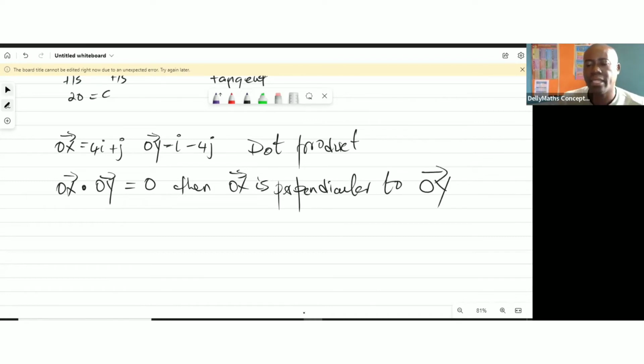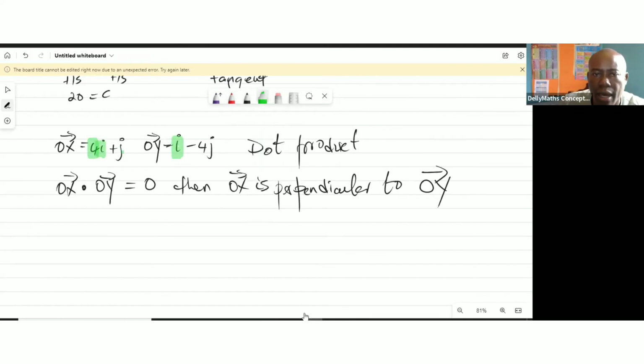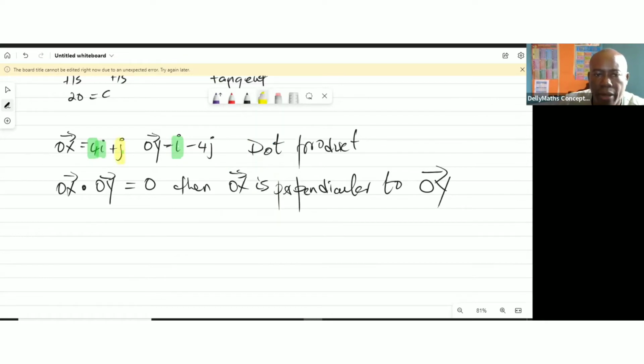That is, if the dot product between them is equal to 0. To do the dot product, all we're going to do is multiply the common components and add them. The x components are common and the y components are common, so I'm going to work them like that.